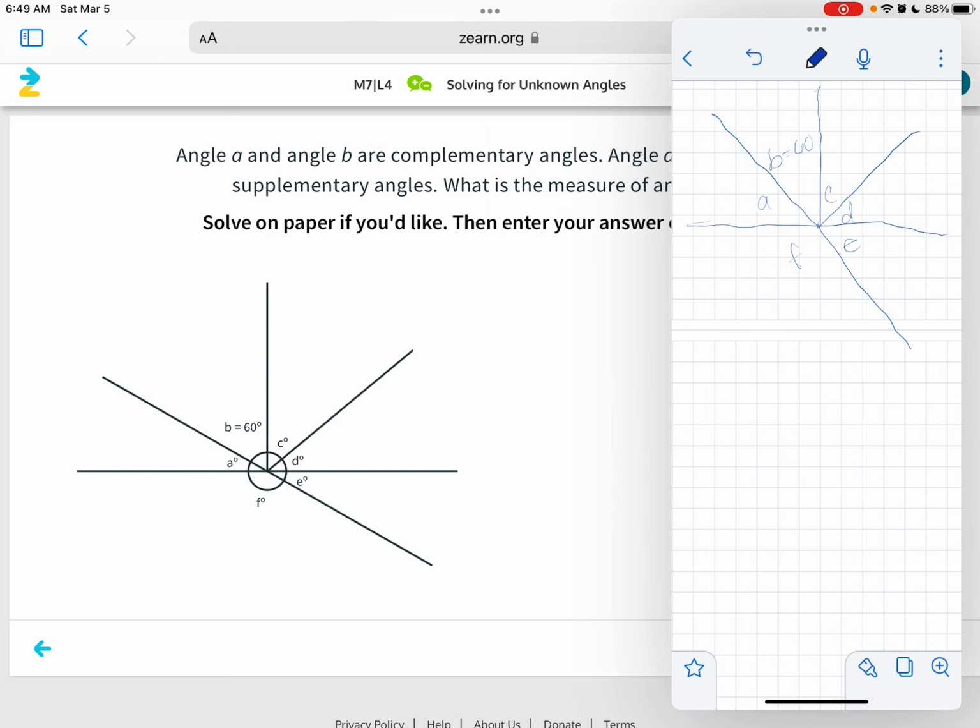All right, A and B would be 90, so this and this have to equal 90.